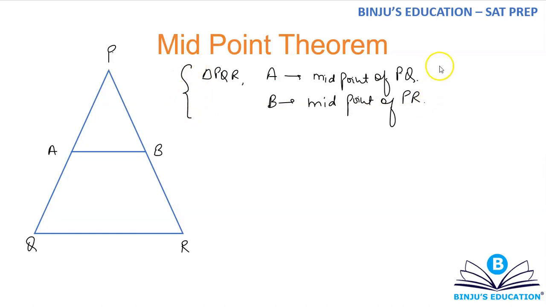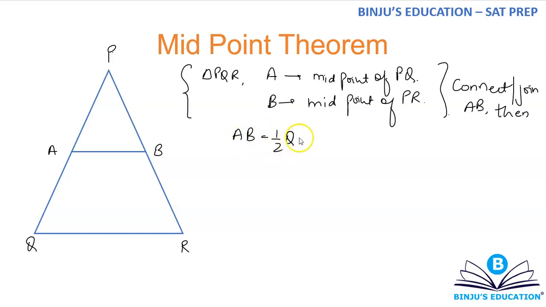If you have a triangle PQR and you take A to be the midpoint of PQ and B the midpoint of QR, and you join AB, then the result is AB is half of QR and AB is parallel to QR.